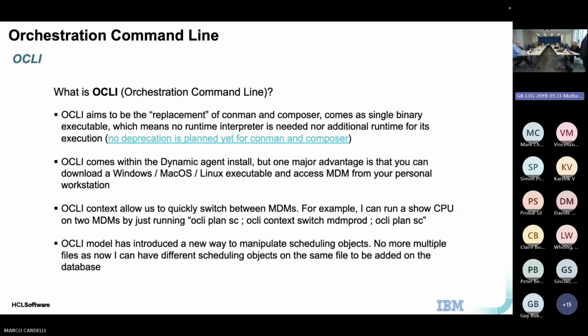We are investing in this new orchestration command line that has a very similar syntax to Conman and Composer, because it's a simpler technology, it's much more powerful, and you can even install it on your personal computer without the server being installed on the same machine. You need to be connected, but the server doesn't need to be on the same machine.